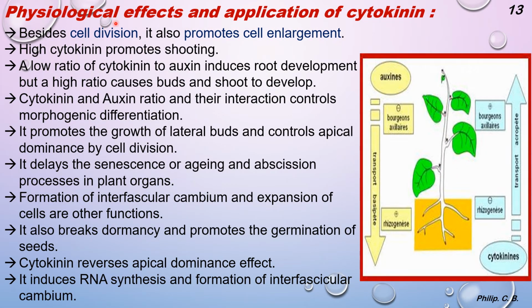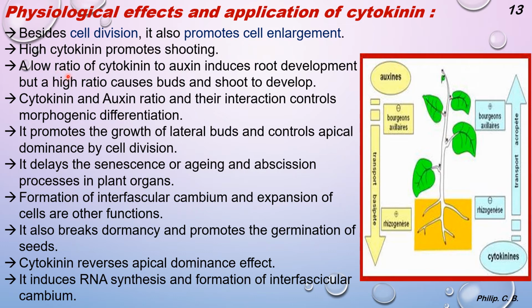Moving further, physiological effect and application of cytokinin. Besides cell division, it also promotes cell enlargement. Now, cell division, like auxins, here it also helps in cell enlargement. High cytokinin promotes shooting, that is, helps to increase the length of the shoot.